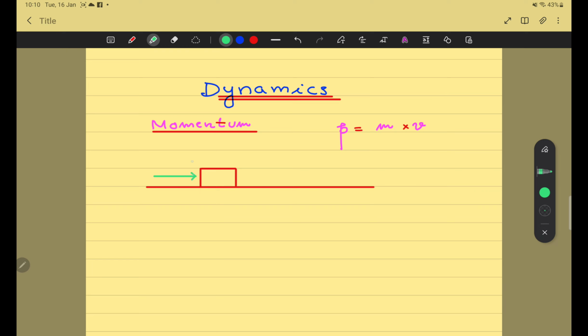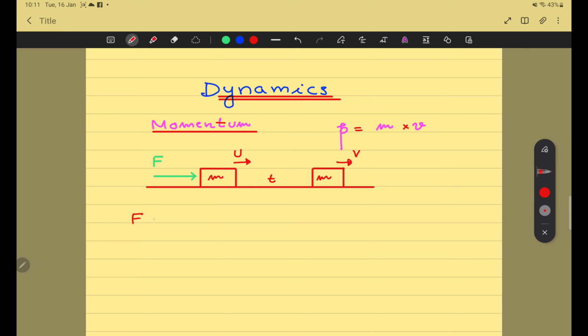When you exert force on any moving or stationary object, this force converts into momentum. Consider initial velocity is u. When you apply force F, the mass remains the same, but velocity changes to v in a time interval of t.